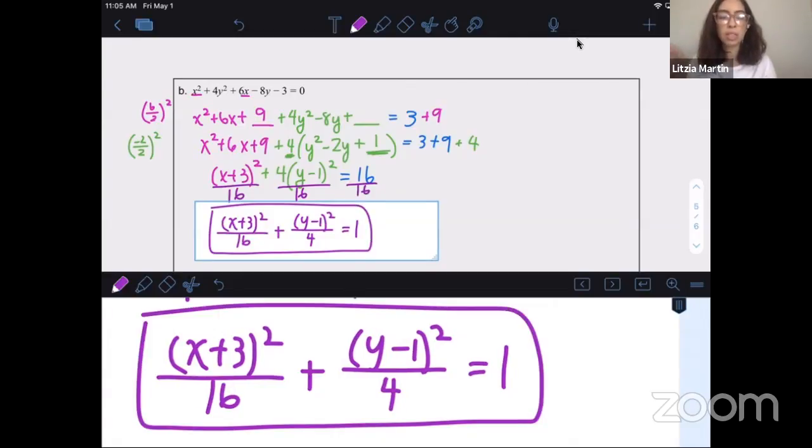And we can see that this would have to be a horizontal ellipse because the biggest denominator is 16, and that's underneath x. So that's telling us left and right is going to be our longer side, up and down is shorter side. Okay, so that is going to be it for today.